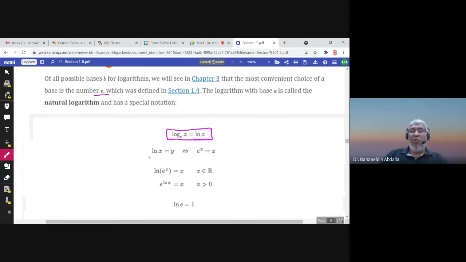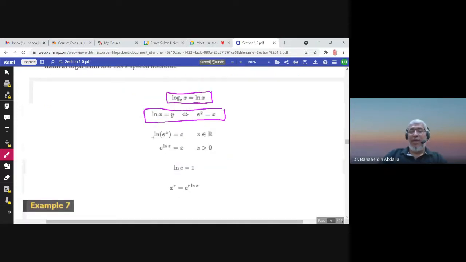So y would be equal to ln x if x is e to the power y, because the base is e. And the composition between ln and e, they cancel each other. ln of e to the x would be x and e to the ln x would be x.